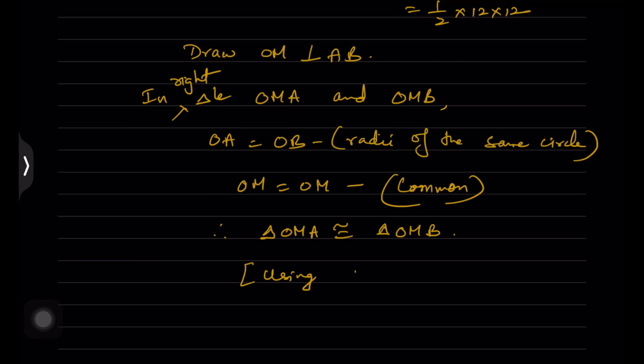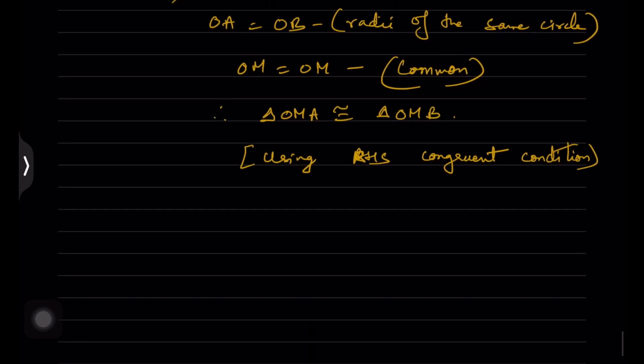So using the RHS congruent condition, right angle hypotenuse side, therefore AM is equal to MB by CPCT, corresponding parts of congruent triangles.